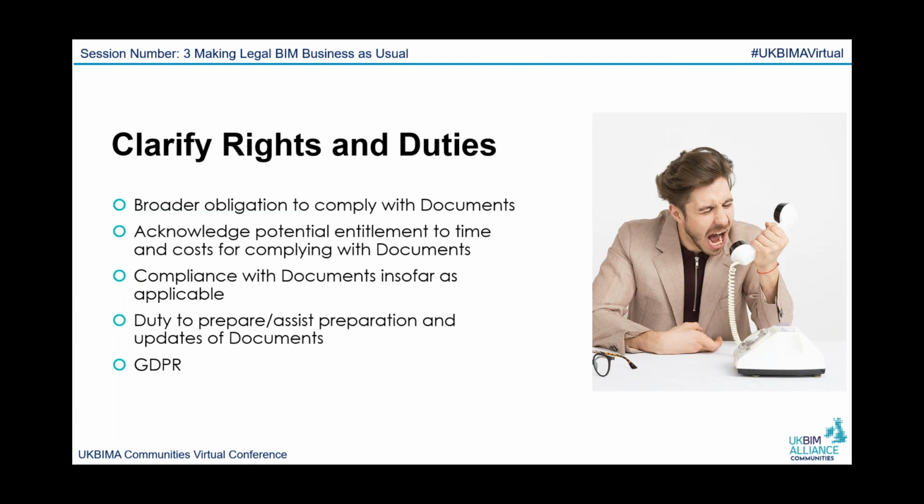We've also expressed an entitlement to claim time and costs for complying with the BIM obligations. So where it affects your scope or causes you to have additional time because the EIRs have been changed or the BEP has been developed over time, there is then an entitlement, because there is uncertainty on that in the way the protocol is written now.